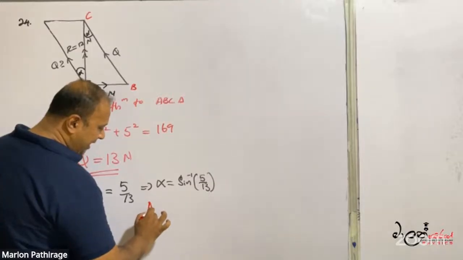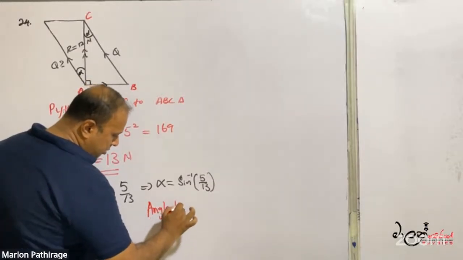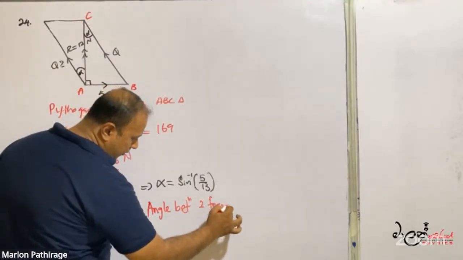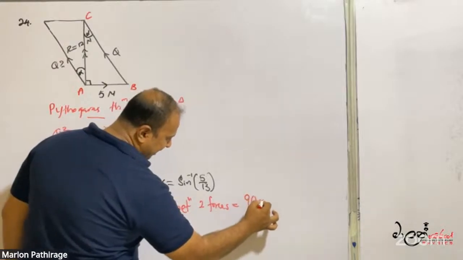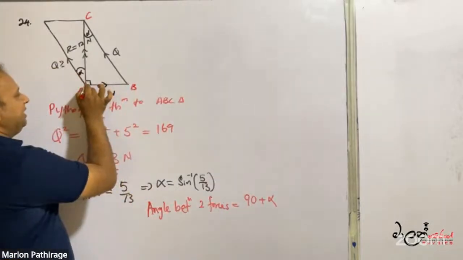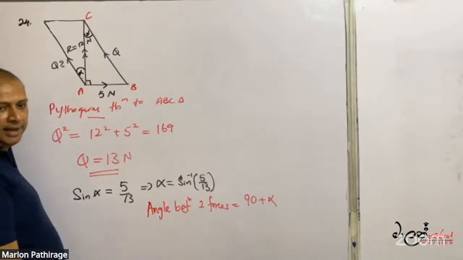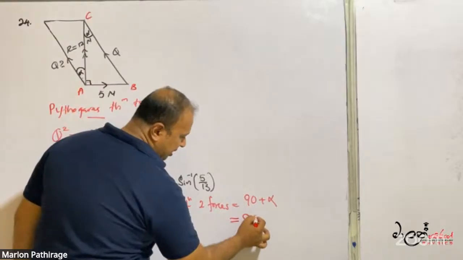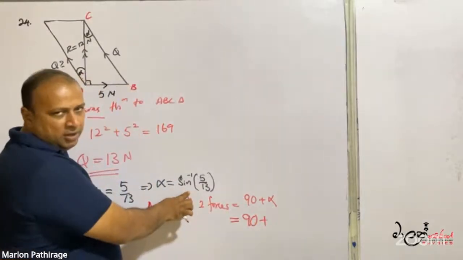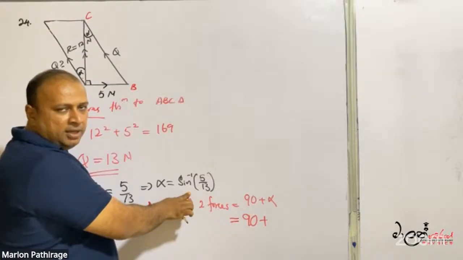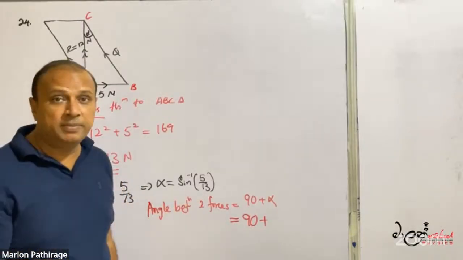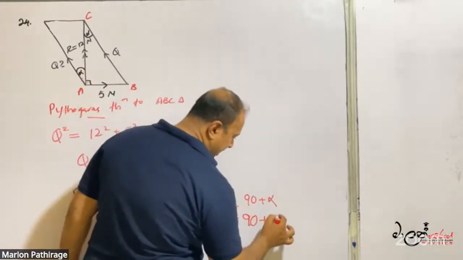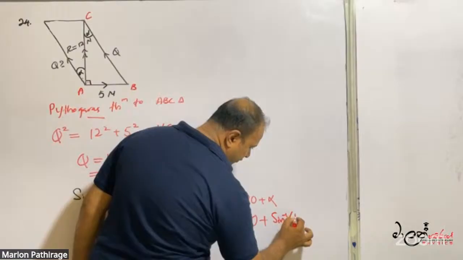The angle between two forces is equal to 90 plus alpha. You can find this value using logbooks, or you can just keep it, where alpha means sine inverse 5 over 13.